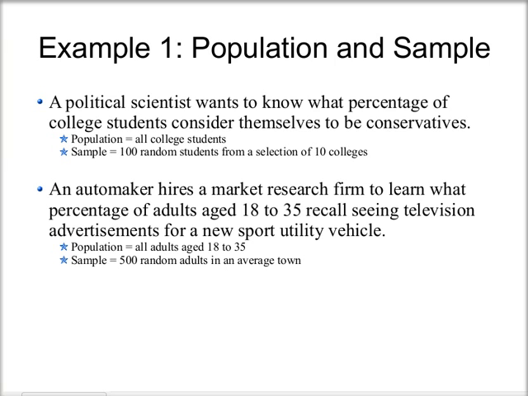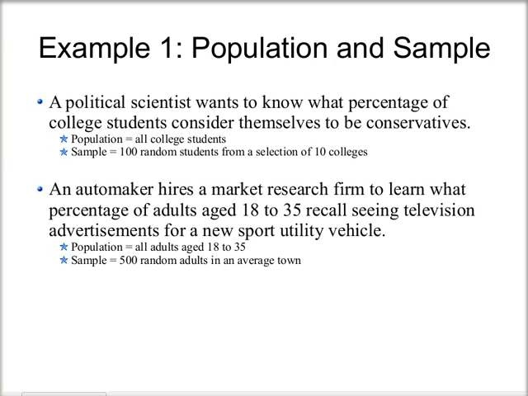Another example, an automaker hires a market research firm to learn what percentage of adults aged 18 to 35 recall seeing television advertisements for a new sport utility vehicle. So here the population, the people that the automaker wants to know about, are all adults aged 18 to 35. This is probably in whatever area the commercial is playing on television, so it could be the whole United States if it's playing on national television.